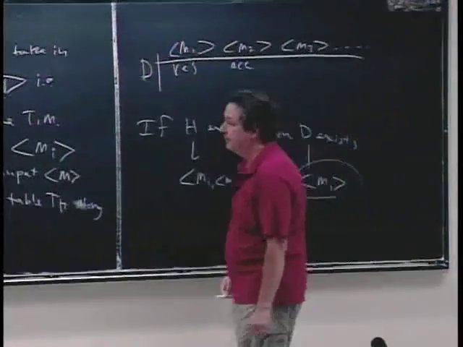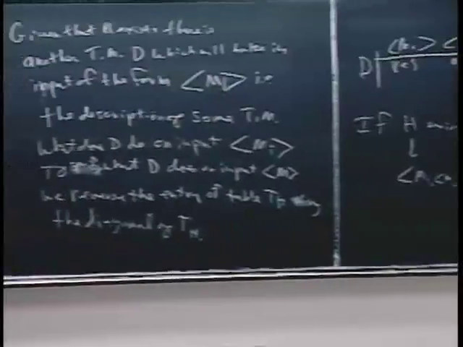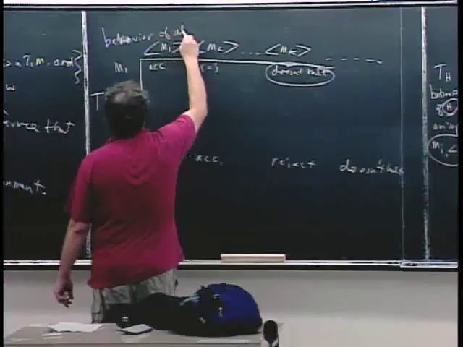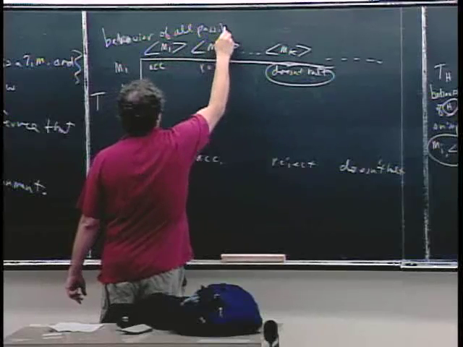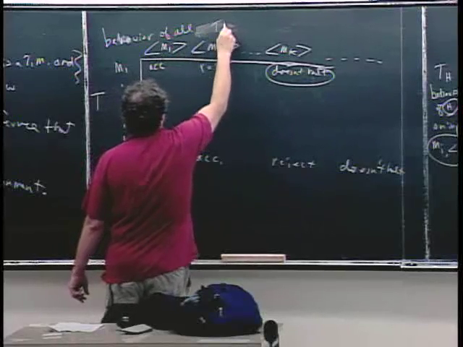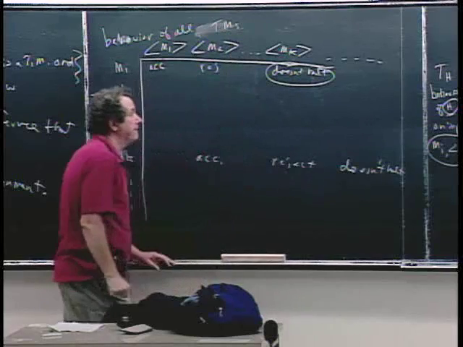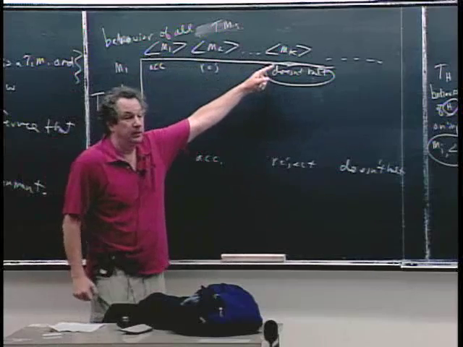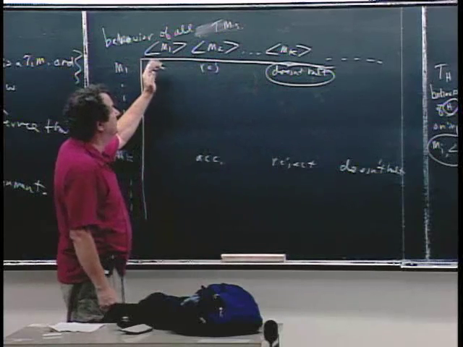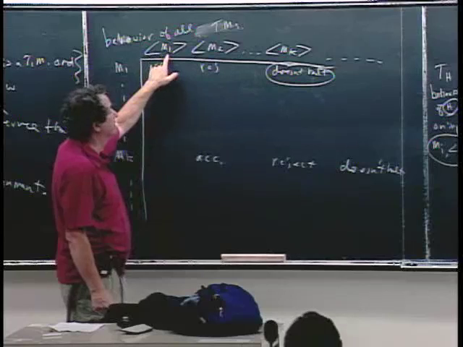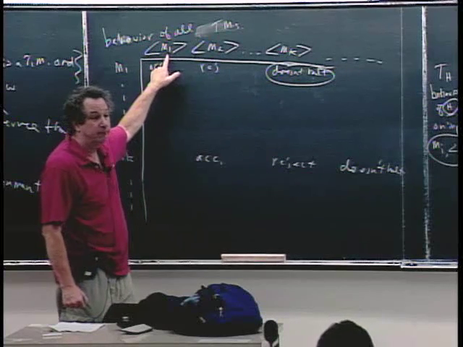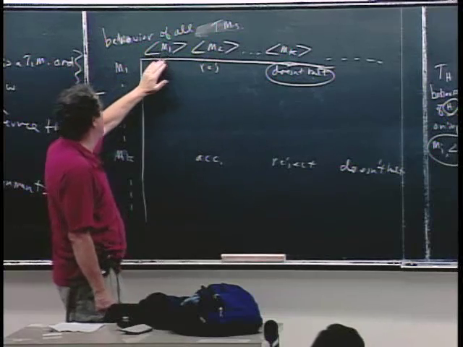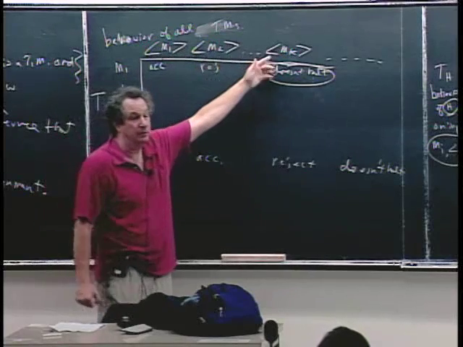Well, back over here, this is the behavior of all Turing machines. This is the list of the Turing machines, and this is the input. So in this table, the input is the same as the input to D. The input to M1 is a description of M1, or a description of M2, and so on.